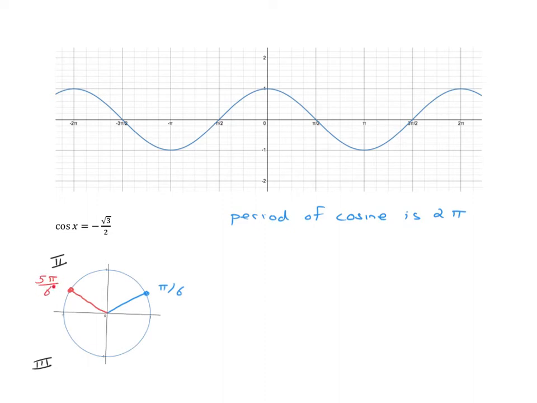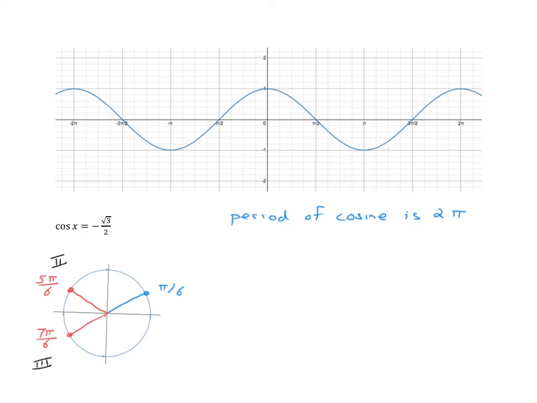So here's an angle where cosine is equal to negative root 3 over 2. If you want one more, because there certainly is another one down here, well, instead of going back pi over 6 to get to 5 pi over 6, we can go forward to 7 pi over 6. So these two angles are two solutions to this equation.